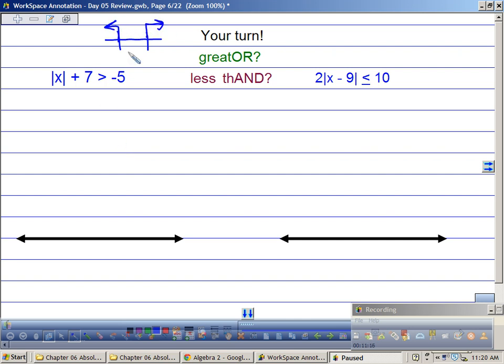Now here's the only time this changes. It says greater than a negative 5. This becomes a special case because of that negative. Because what if this was an equal sign? What if we had this? I shouldn't even write that. I should write it.